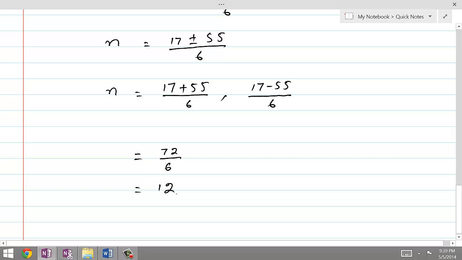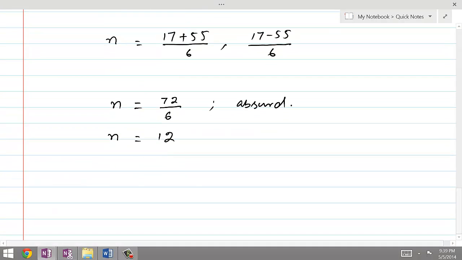So in this series, 114 is the sum of 12 terms, and the other one is absurd because n is negative and the number of terms cannot be negative. So the required number of terms is 12. Therefore, there are 12 terms whose sum is equal to 114 in this series.